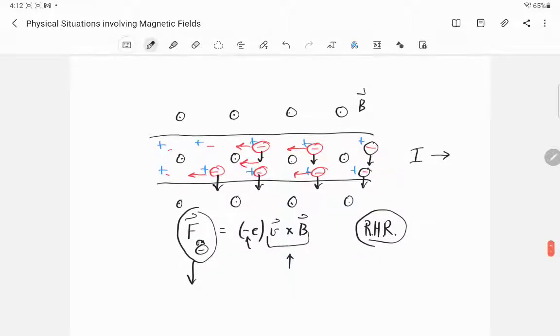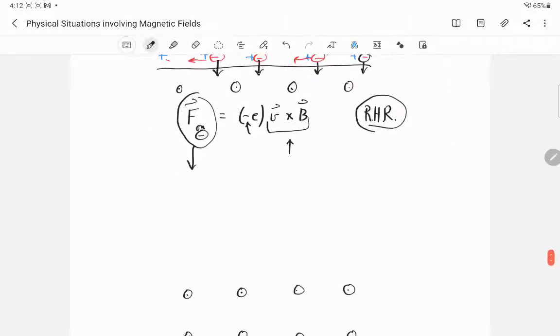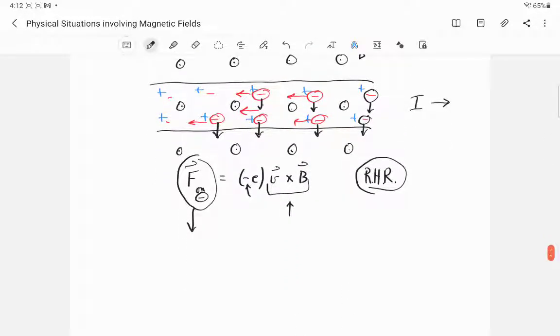So what this means is that this wire gets negatively charged along the bottom, right? The negative charge is moving to the left, and what's left over at the top is positive charge.